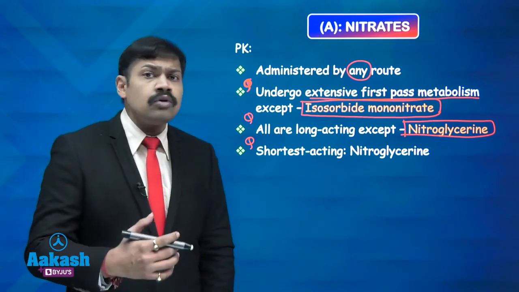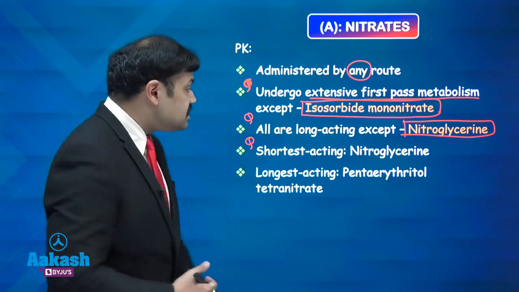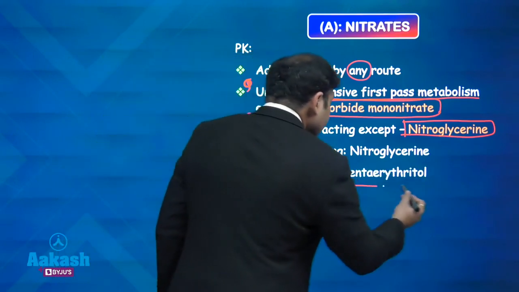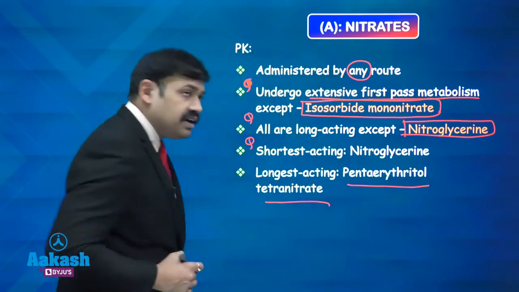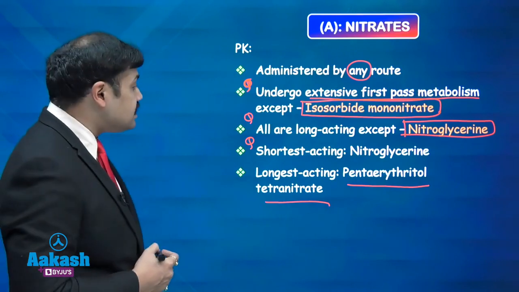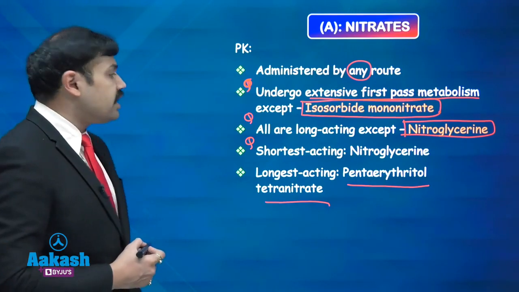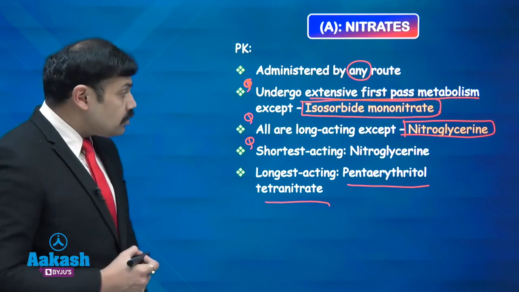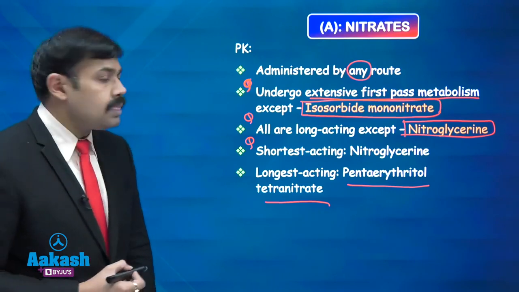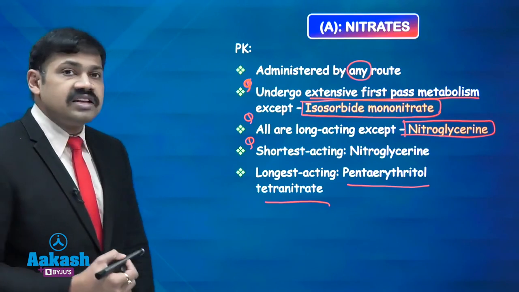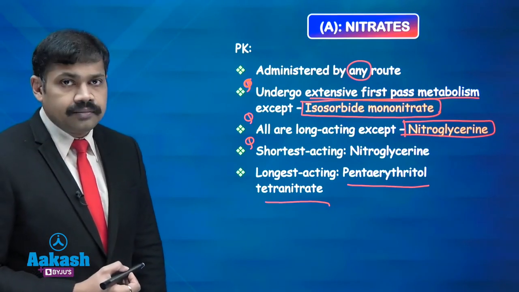So if nitroglycerin is the shortest acting, which is the longest acting? Pentaerythritol tetranitrate. Among the nitrates, pentaerythritol tetranitrate is the longest acting. So nitroglycerin is the shortest acting, pentaerythritol tetranitrate is the longest acting.